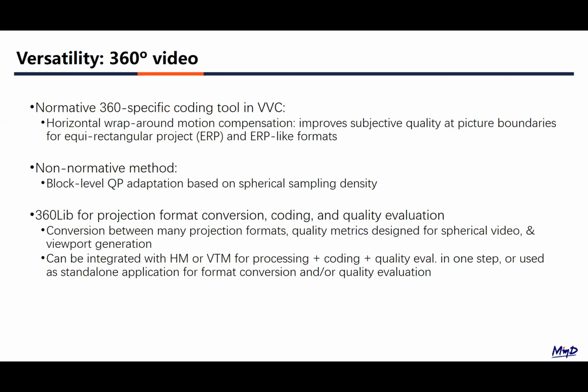We also have a look at non-normative methods, such as adjusting the QP at the block level based on the spherical sampling density of your projection format. Same as HDR, JVET has a 360Lib reference platform that you can use to do projection format conversion, coding, and quality evaluation of this type of video content.